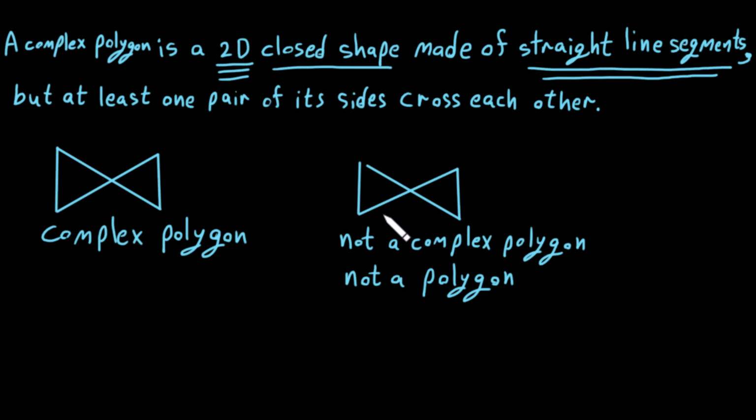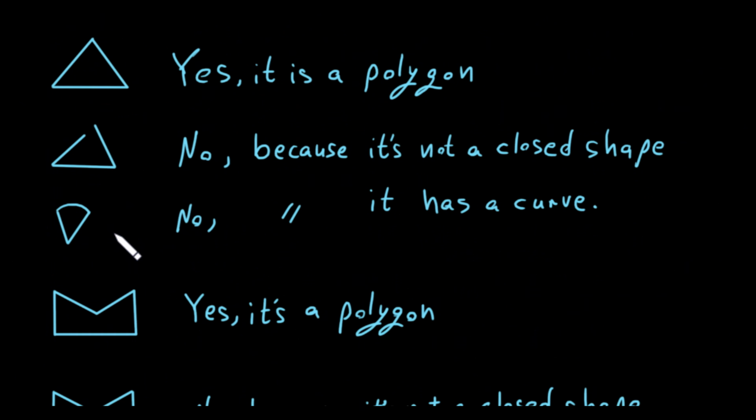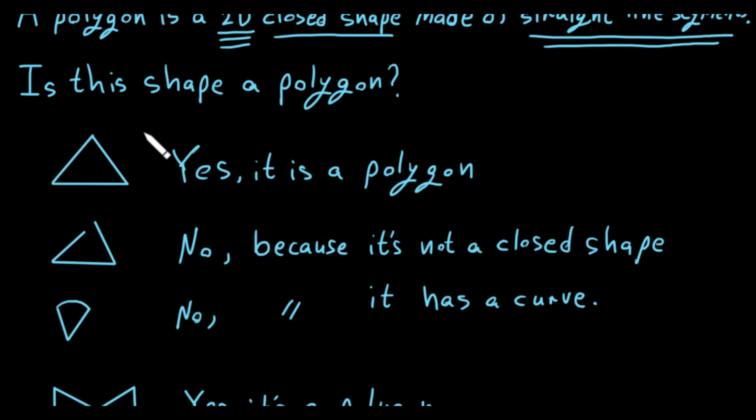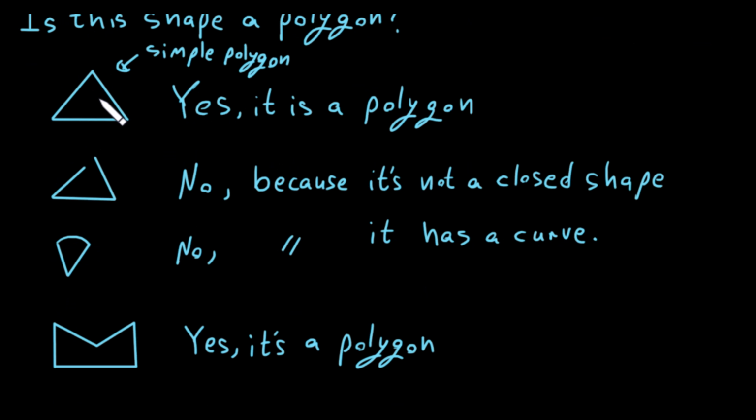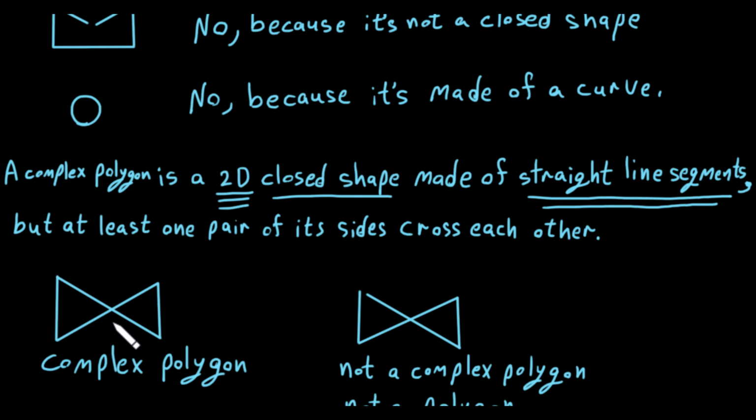Before, these types, they called it a simple polygon. So if you want to be more specific, you can call it simple polygon. Here, this one is simple polygon, this one simple polygon, but this one is a complex polygon.